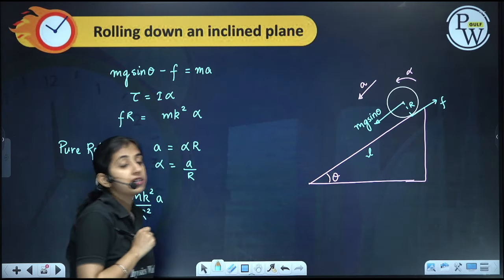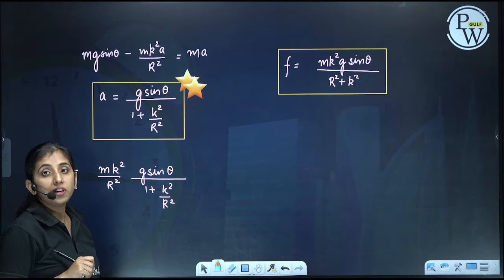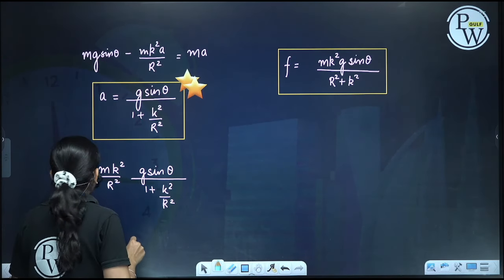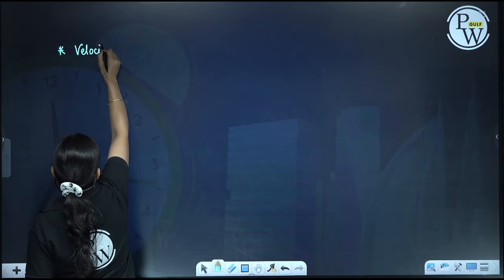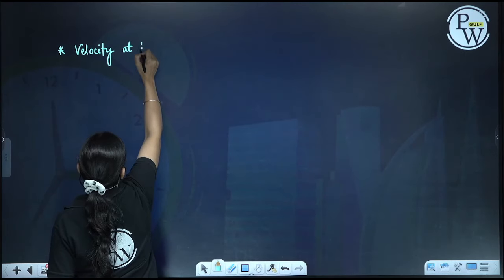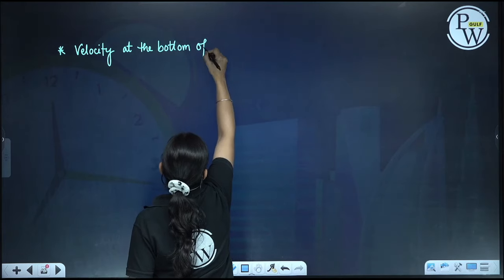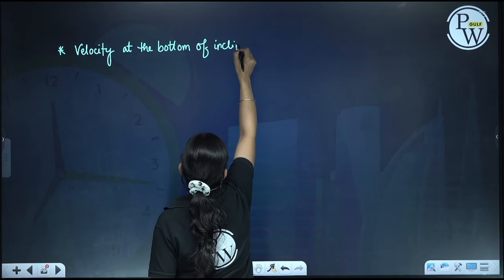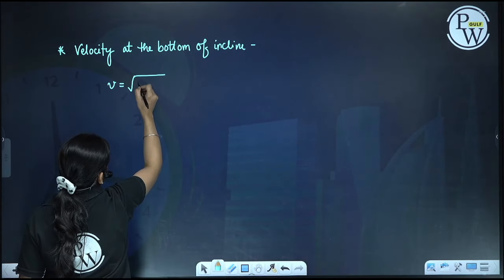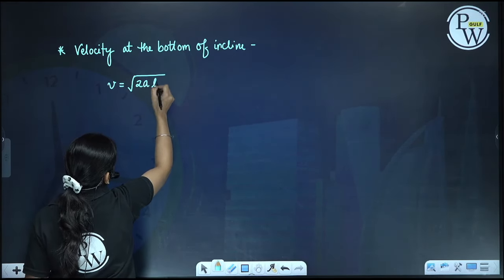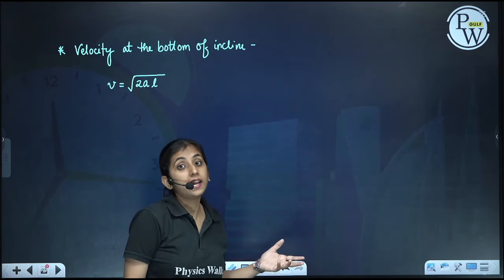Now let us see, if this inclined plane is of length L, this is a constant acceleration, so we can calculate the velocity at the bottom of the incline. v square minus u square is equal to 2as, so v is equal to under root of 2aL.